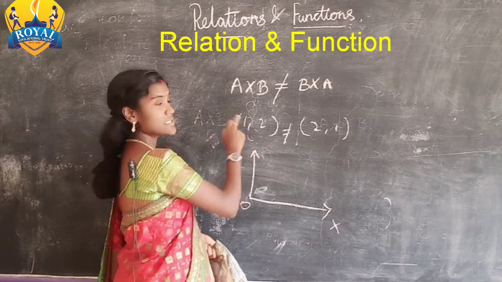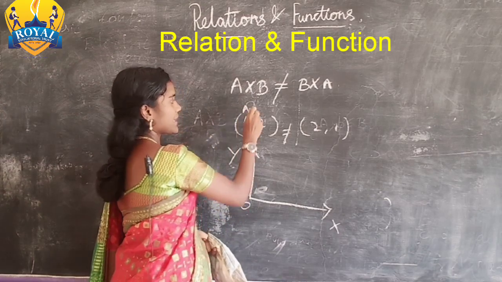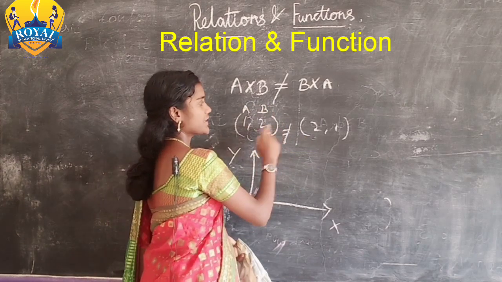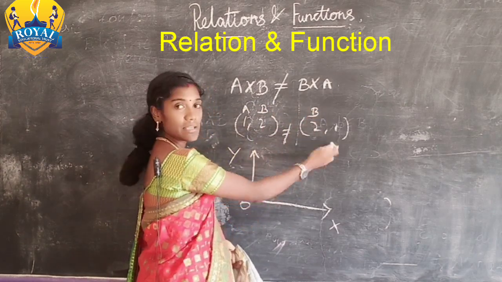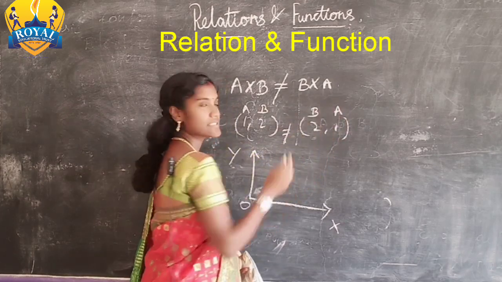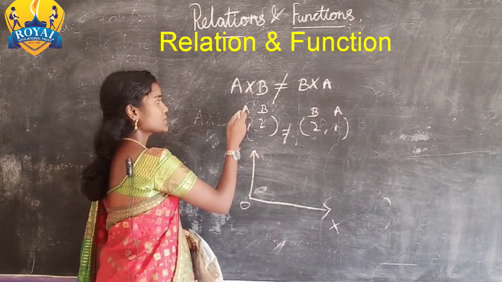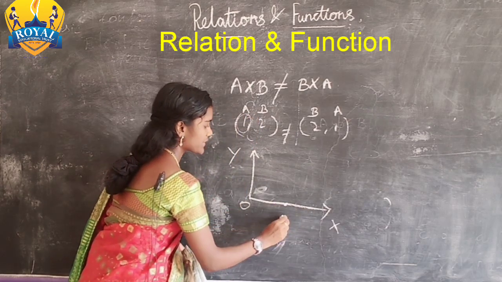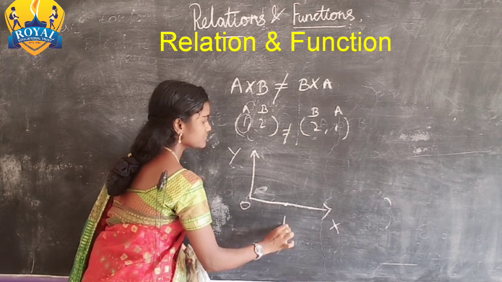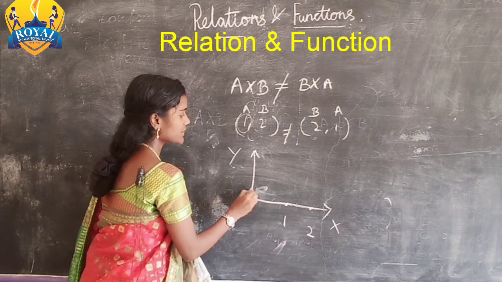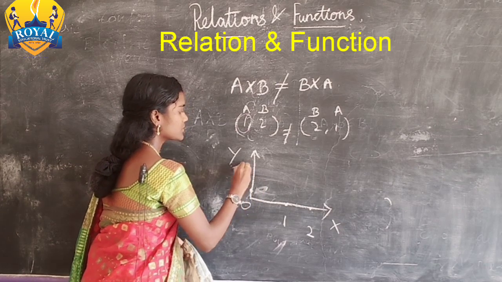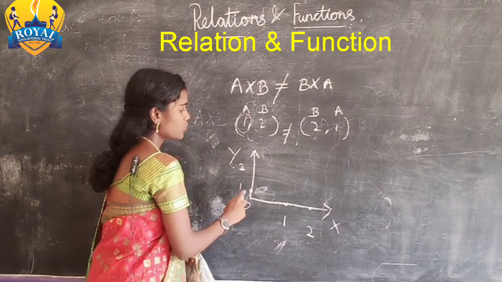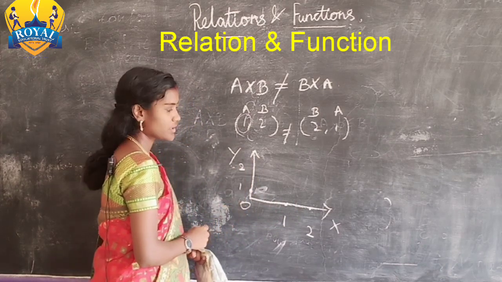In the first, the first coordinate is A and the second coordinate is B. Here the first coordinate is B, I interchange the place, and the second coordinate is A. I will show the first coordinate on the x axis, that is 1, 2, and on the y axis 1, 2.